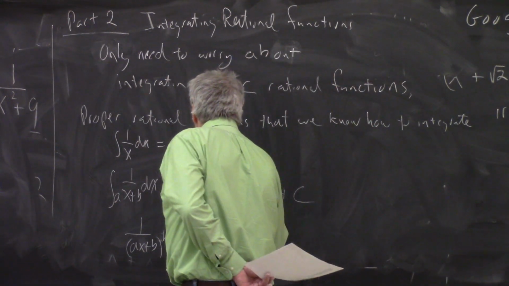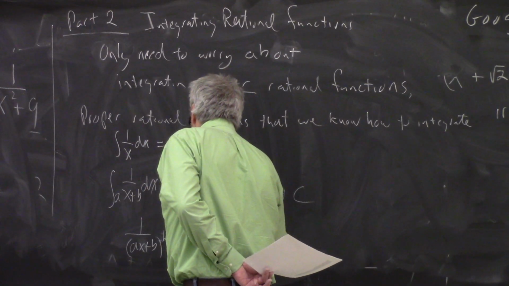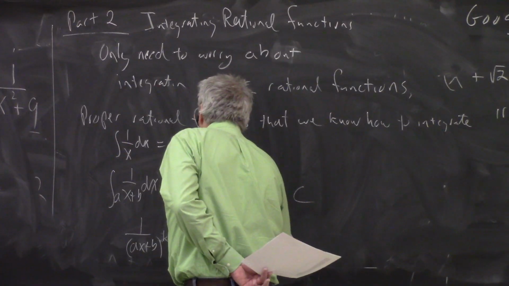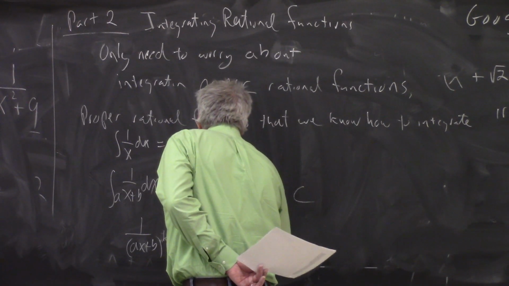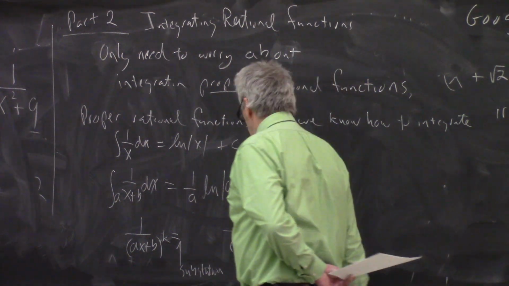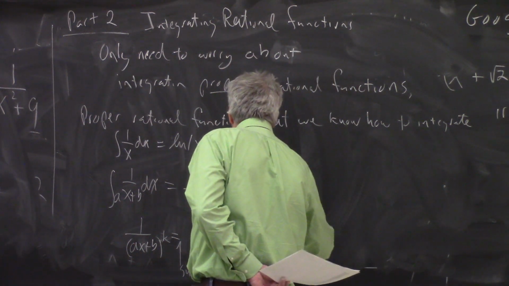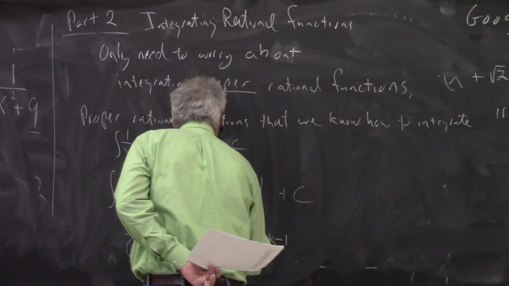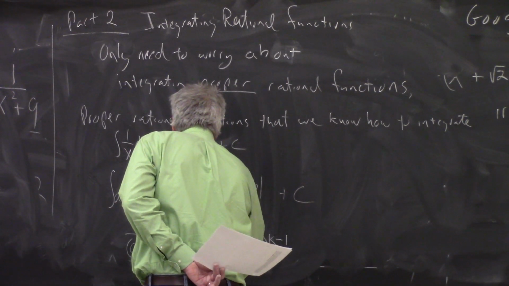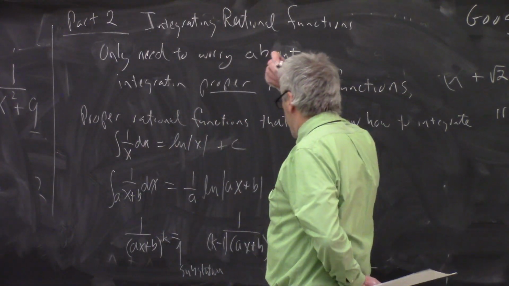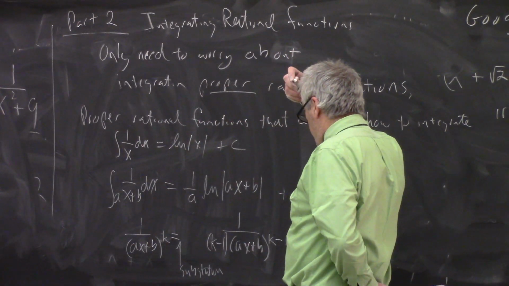So you're going to get 1 over ax plus b to the, let's see, to the k minus 1. So the power rule works weird for antiderivatives and for fractions of this sort, because it's in the denominator.